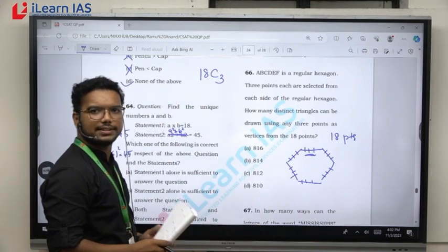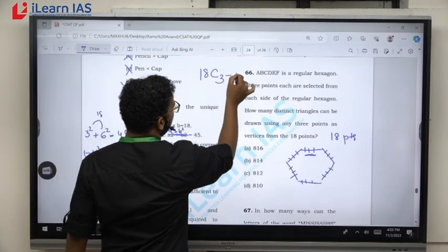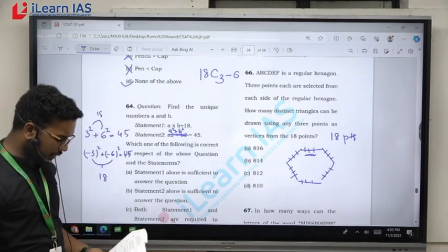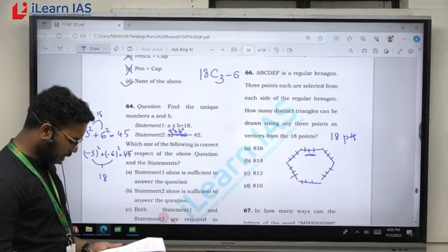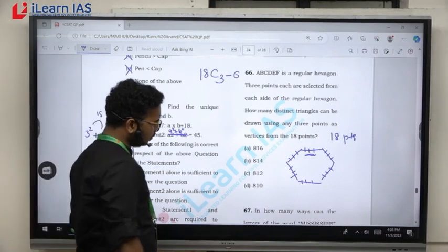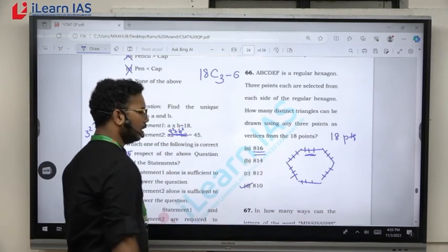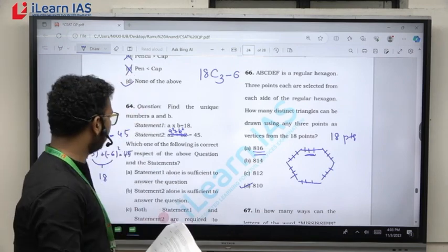We have 6 such points. So total possibilities, that is 18C3 minus 6. 18C3 is 816 minus 6, that is 810.